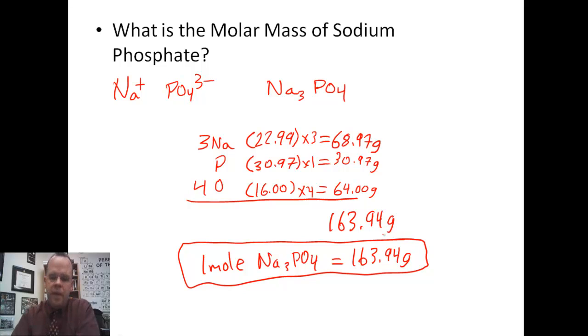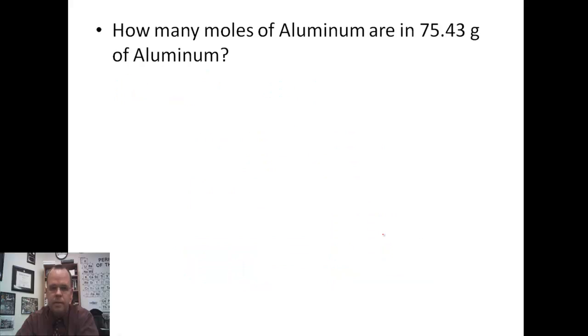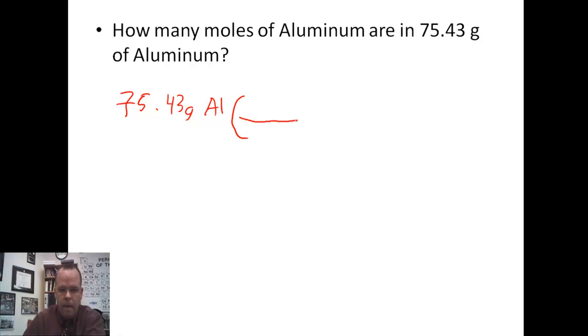Now, once we've got the ability to figure out the molar mass of a compound, we can start to do problems converting from moles to grams or grams to moles. We're going to start with elements and then get back to compounds. First, how many moles of aluminum are in 75.43 grams of aluminum? So we have 75.43 grams aluminum, 1 mole aluminum, and aluminum has a molar mass of 26.98 grams.